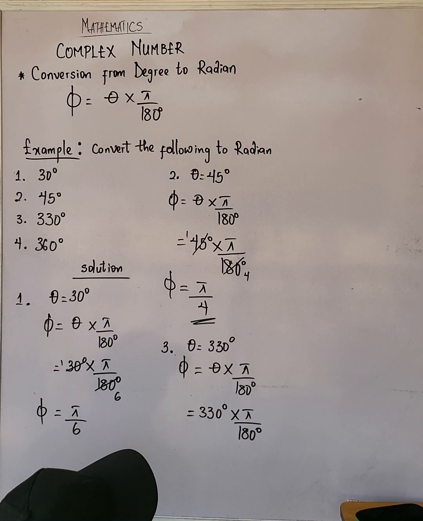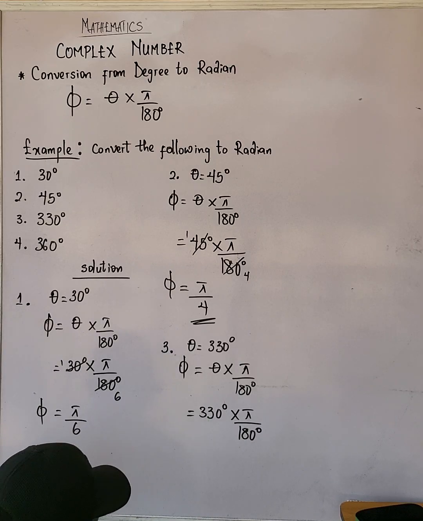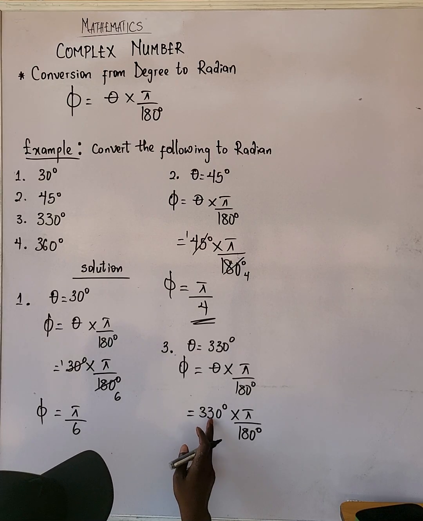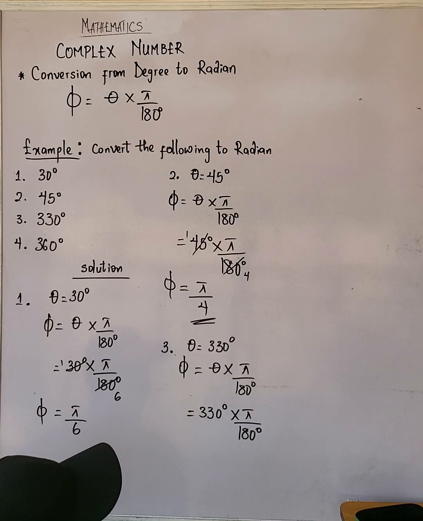No, but what can go? Let's try. What can go in 330 and can go in 180? That's 30, right? Let's try. 330 divided by 30 will give us what?